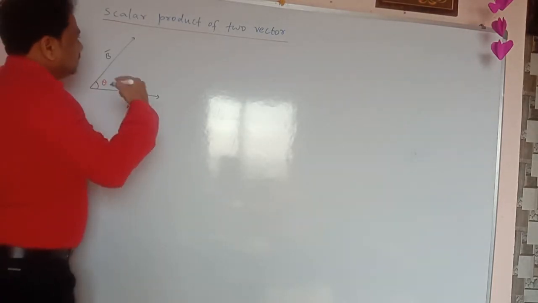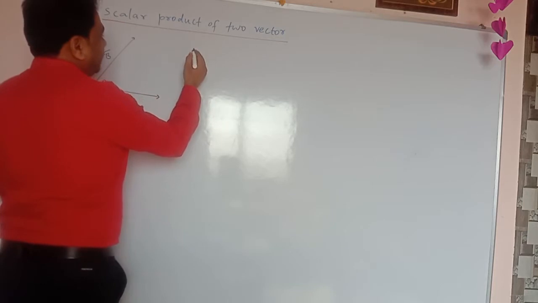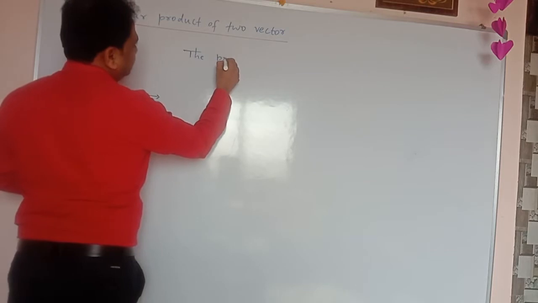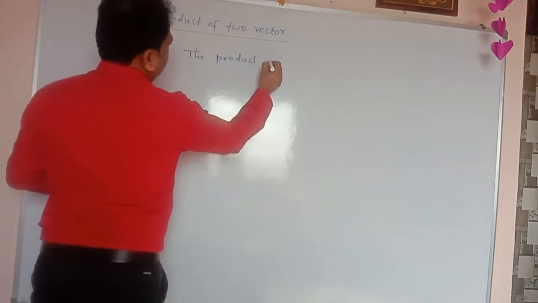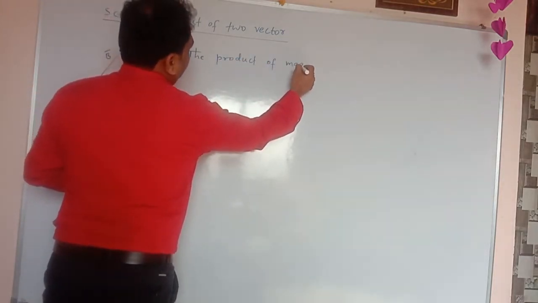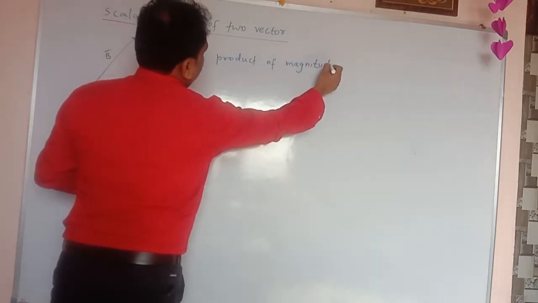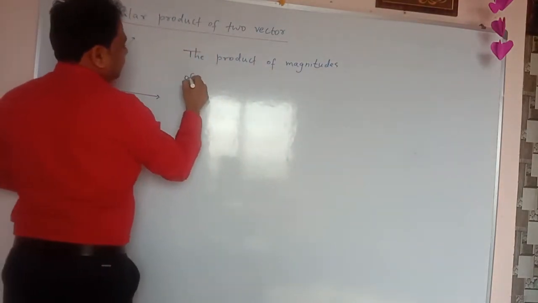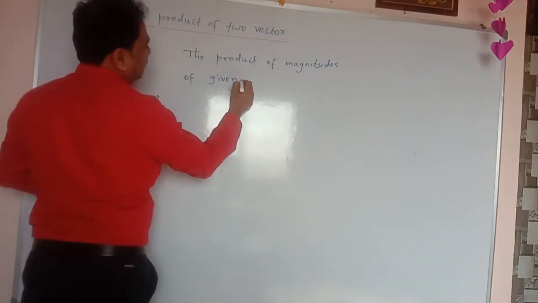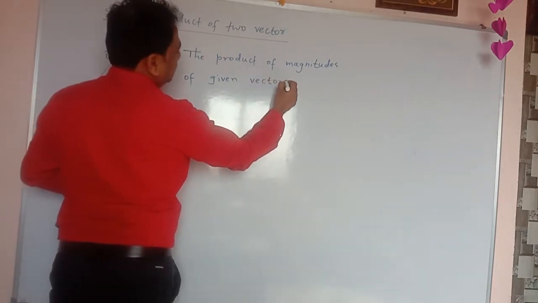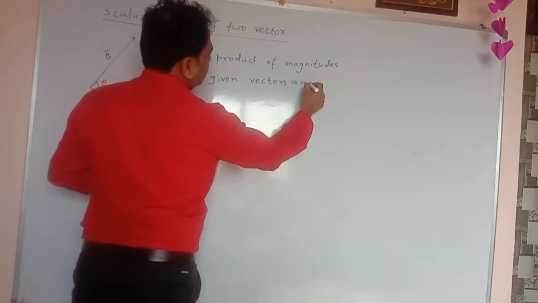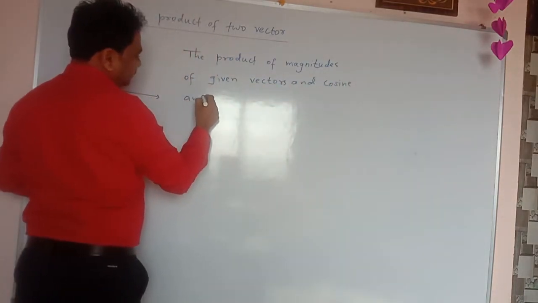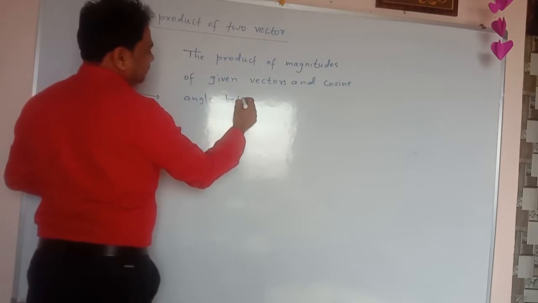The scalar product of two vectors is the product of the magnitudes of the given vectors and the cosine of the angle between them.